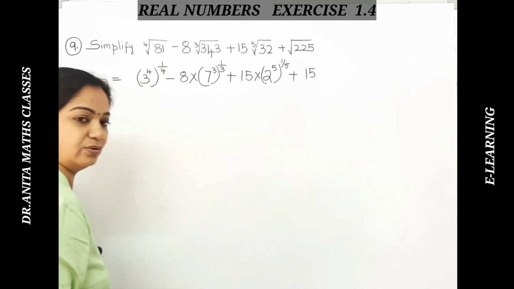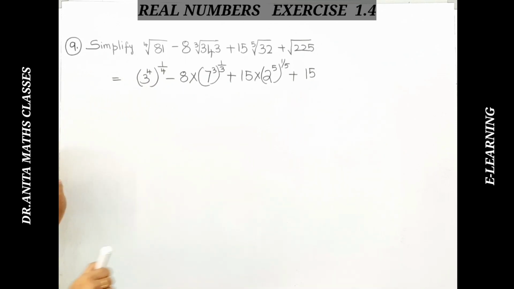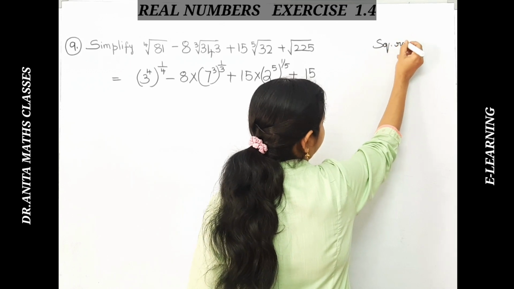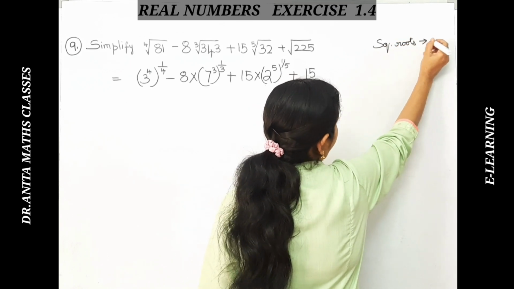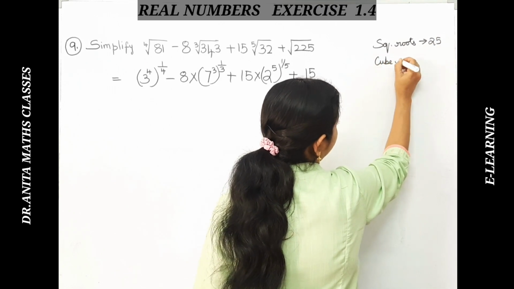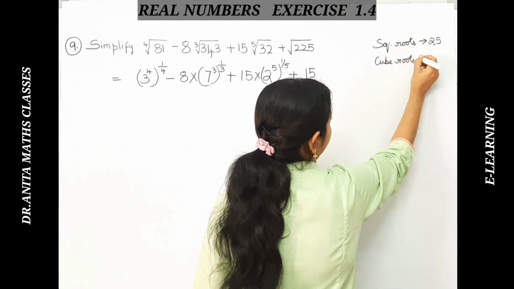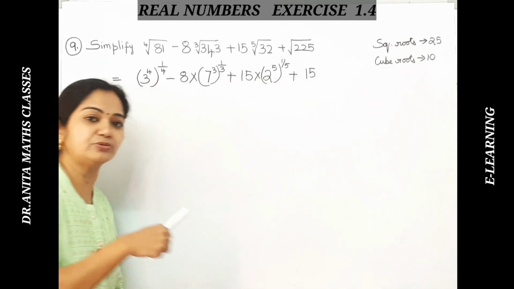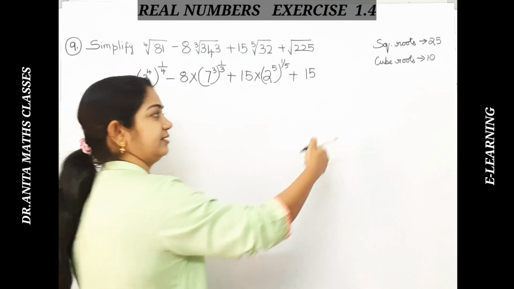So you have to know the square roots till 25 and cube roots till 10. That means 1 cube, 2 cube, 3 cube, 4 cube, like that till 10.